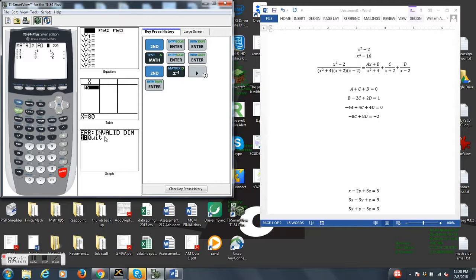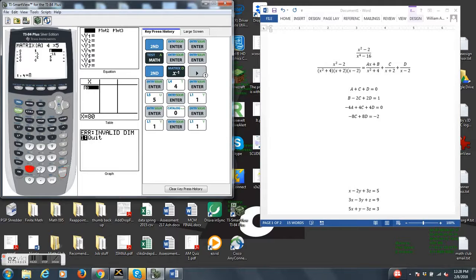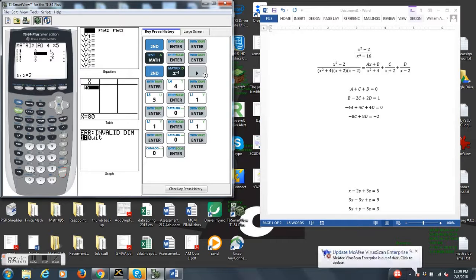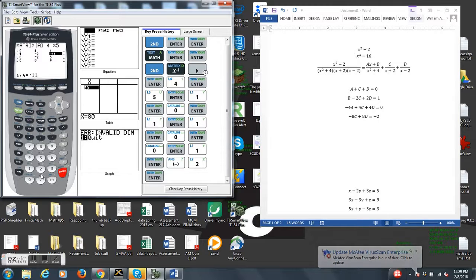So this is going to be a 4 by 5. Okay, so A, 1, no B's, a C, and a D. Answer 0. Let me see, so no A's, a B, -2 on the C's, 2 on the D, 1 on my answer.